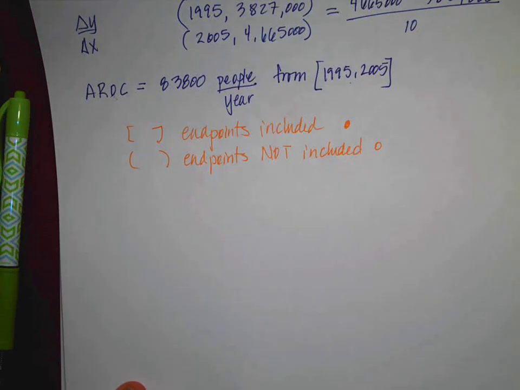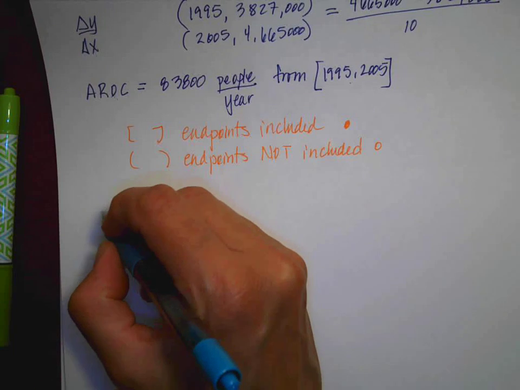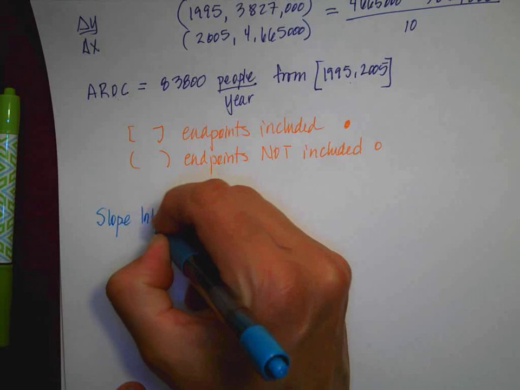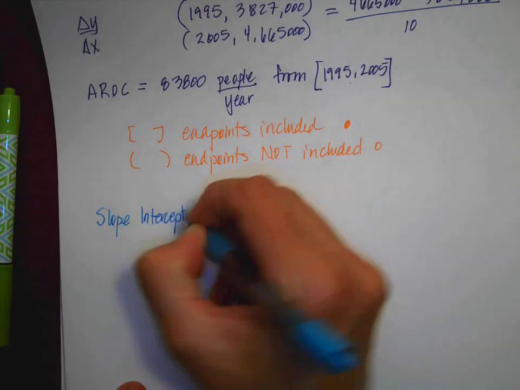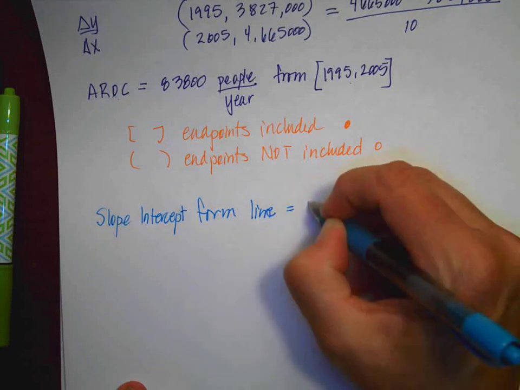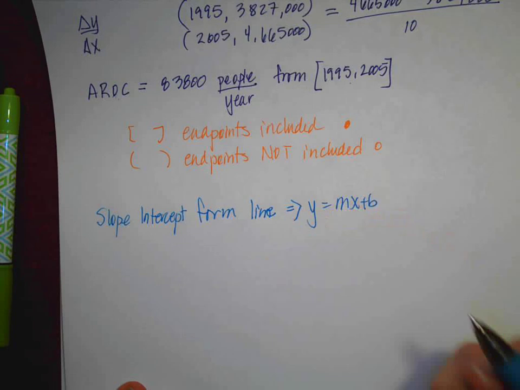All right. The slope-intercept form of a line, and I'm not going to spend a lot of time on this just because you've seen this before, so I'm just going to go ahead and write it. So the slope-intercept form of a line is going to be y equals mx plus b.